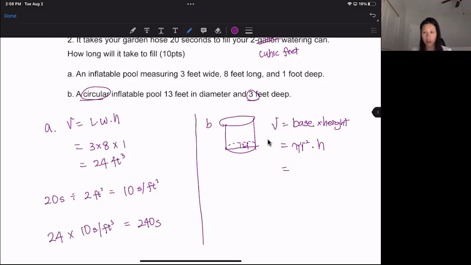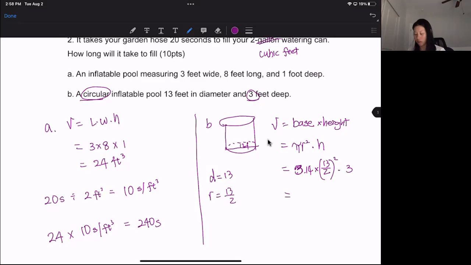So r, we don't know, is the radius. What is this giving you? The diameter. So the radius should equal half of the diameter, 13 over 2. So this is equal to 3.14 times 13 over 2 squared, times 3, the height.